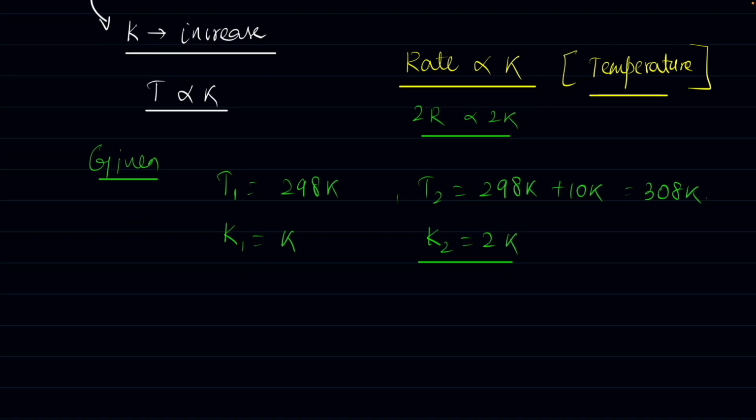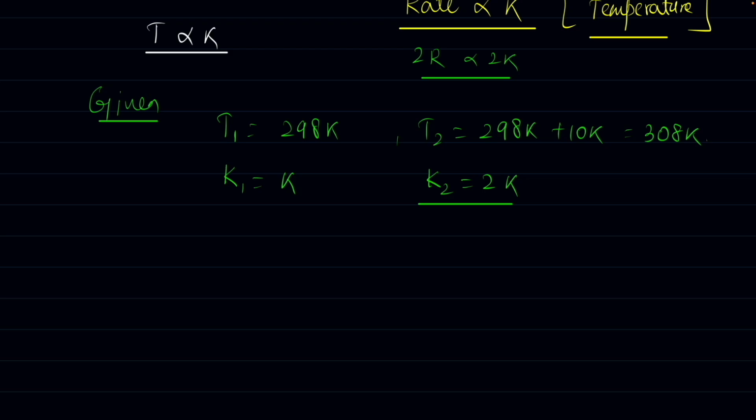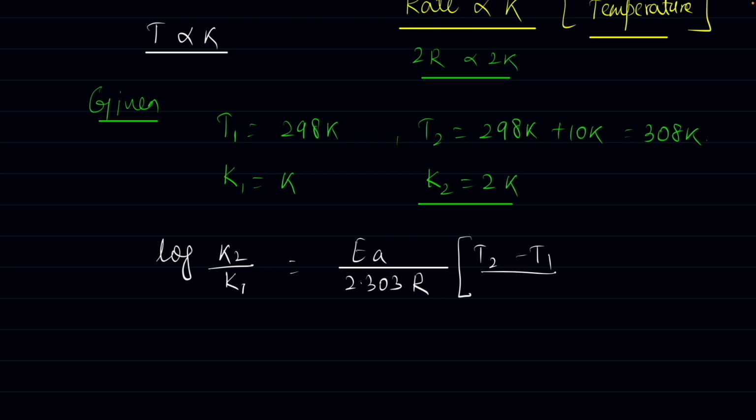Fine. So now we can use the formula: log K2 by K1 is equal to EA divided by 2.303 R into (T2 minus T1) by (T1 into T2).